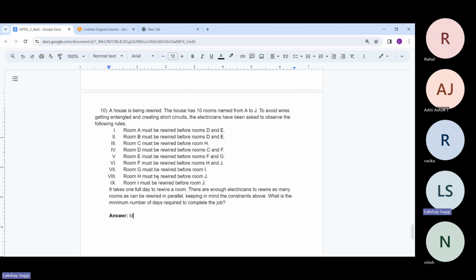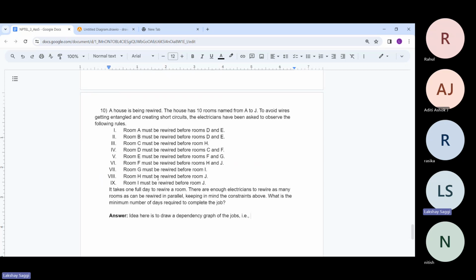So the idea here is to draw a dependency graph of the jobs. And what does this mean?